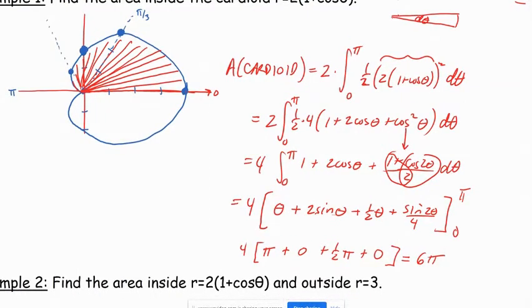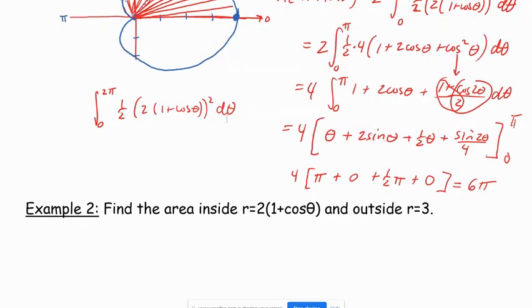And with this one, it also would have worked out just fine if we would have done the whole thing. We could have integrated from 0 to 2 pi, 1/2 r squared d theta, and that would have worked out to be exactly the same answer.